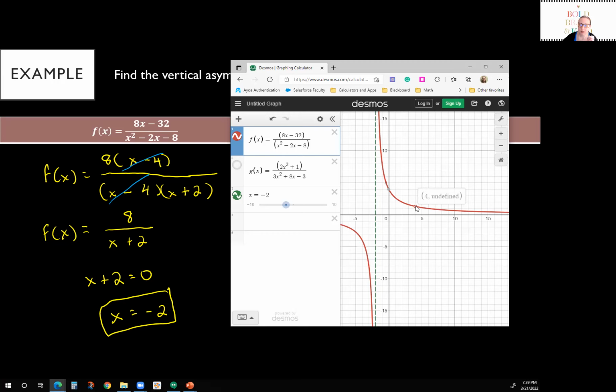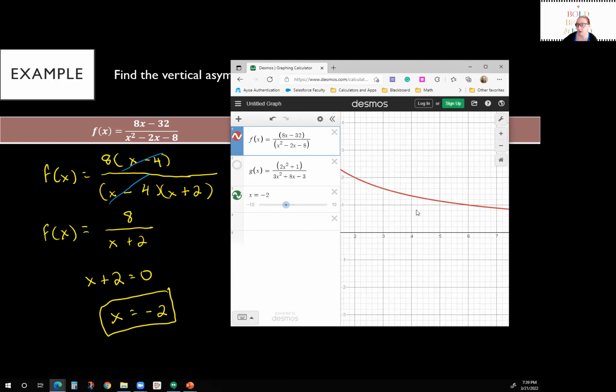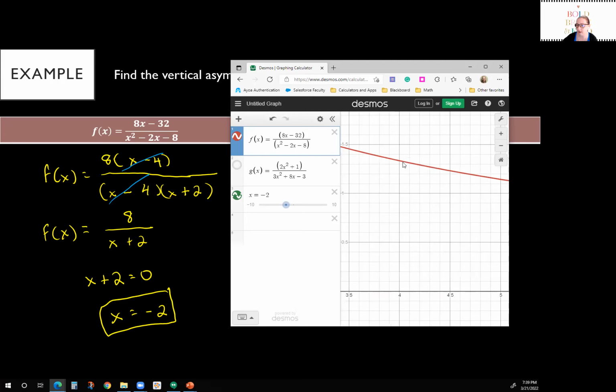But it's not a vertical asymptote because it's not looking like it's becoming vertical. So it's still based off of the denominator equaling 0, but because it's not looking like it's vertical, it's not an asymptote. It's just a little hole here. And you can't see it graphically because of the way Desmos and all online graphing, even a regular graphing calculator, usually don't mark it as a hole. They'll connect it, even when I zoom in. You only see it if you know to look for it.